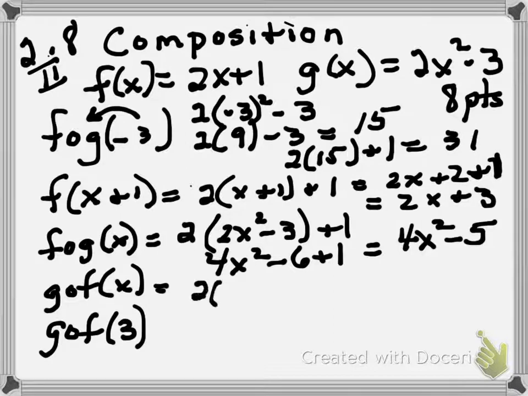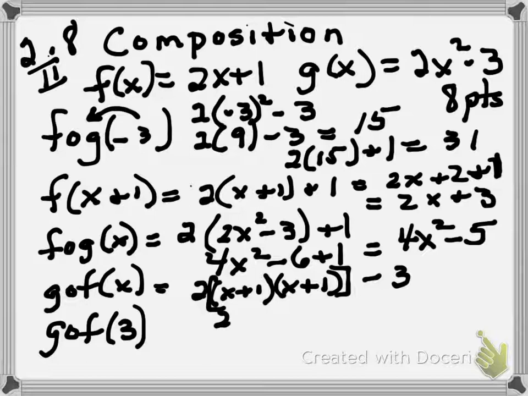So it's 2 times, and since we're putting in x plus 1 squared, I'm going to put x plus 1 written out. I'm going to multiply by 2 after. So, and then after you put in 2x plus 1 into the f function, you square it, then you multiply by 2, then you subtract 3.